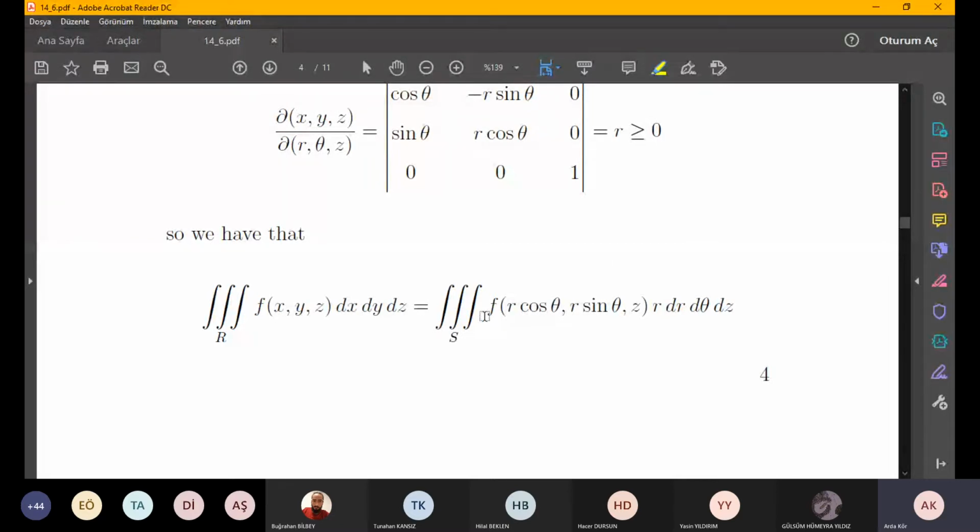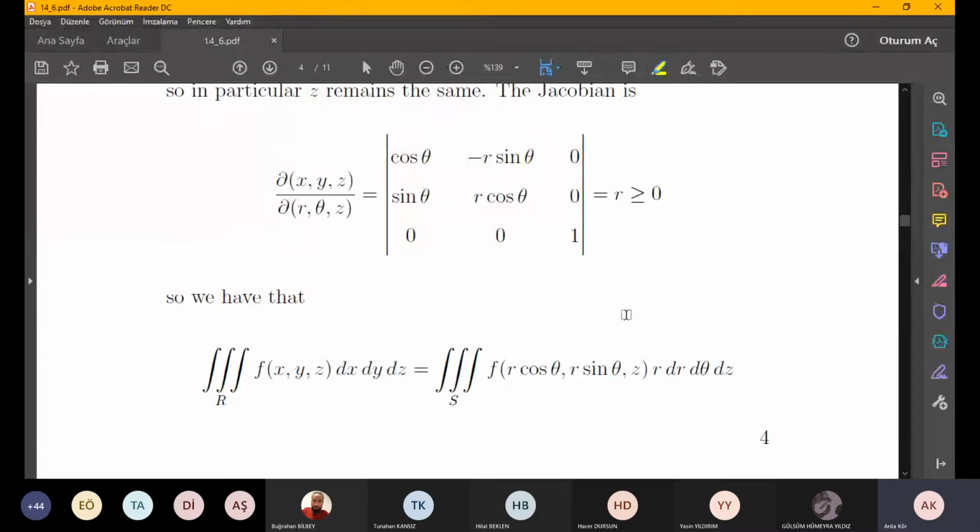After using the cylindrical coordinates, the integration over R of f(x,y,z) will be equal to the integration of f in terms of r, theta, and z times r times dr times d theta times dz, which is dv.